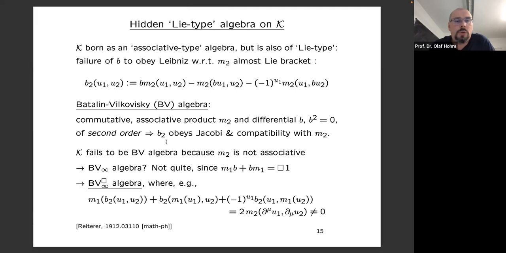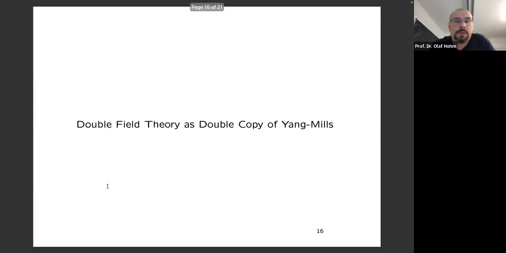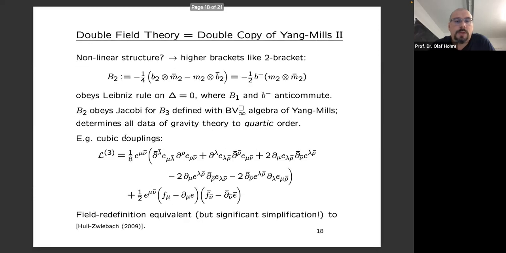So there's the B2, and then there are higher maps that enter this definition of BV infinity box, which I haven't actually given you. In fact, we don't know it to all orders. We only know it to the order of the quartic theory. But there, everything works out. And using these ingredients, you can also define the B3 and then check that the Jacobi relation up to homotopy holds.